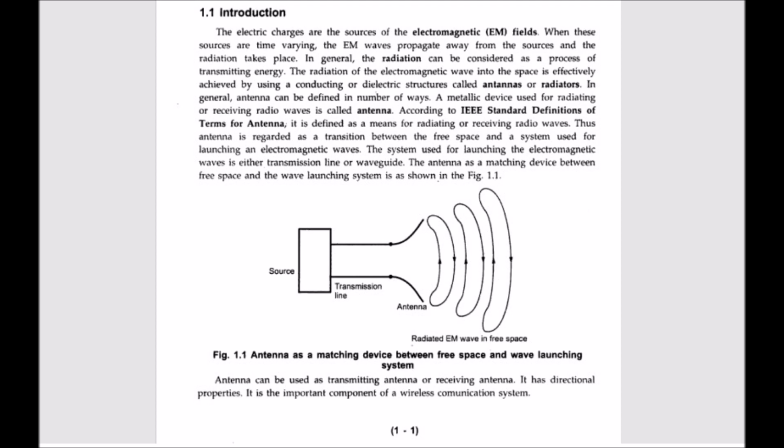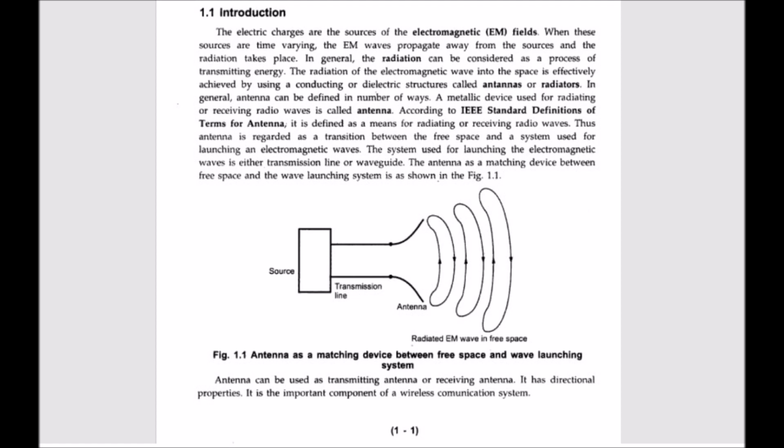Thus, antenna is regarded as a transition between the free space and a system used for launching an electromagnetic wave. The system used for launching the electromagnetic waves is either transmission line or waveguide. The antenna, as a matching device between free space and the wave launching system, is as shown in figure 1.1.